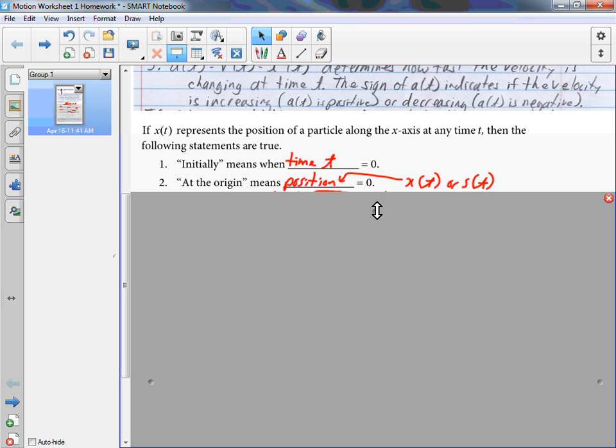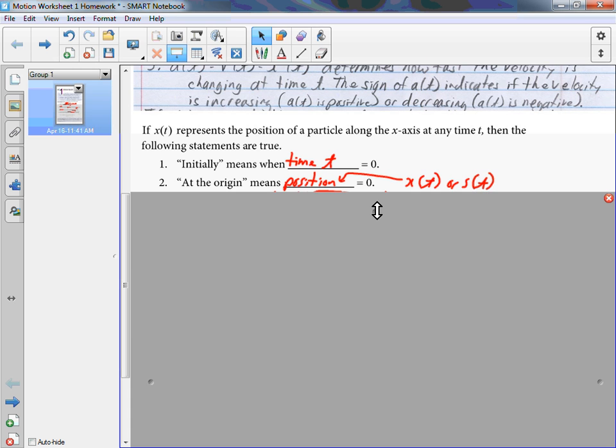The position with the x and the y. The x and the t in this case. Or actually the t and the x. Right? If it's x of t, t would be the independent. Okay?